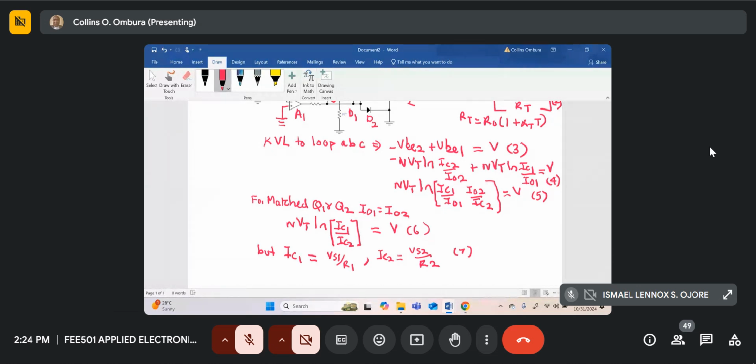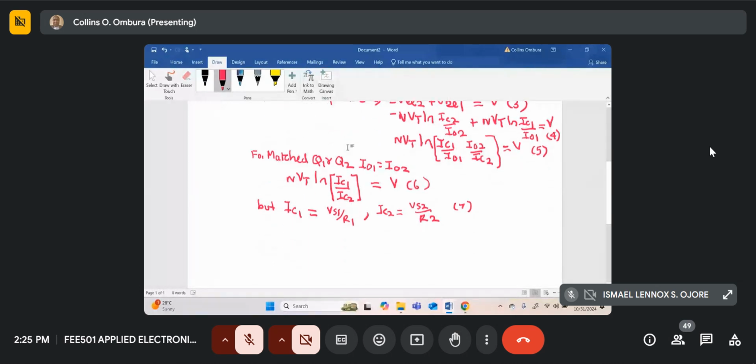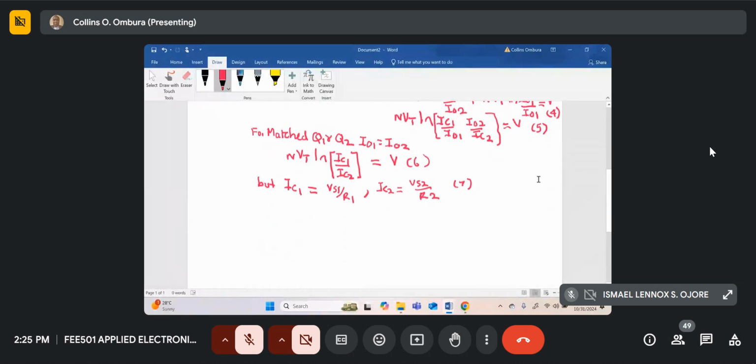So from equation 6, we found out what is IC1 and what is IC2 in the natural log. So let's substitute result 7 in equation 6.